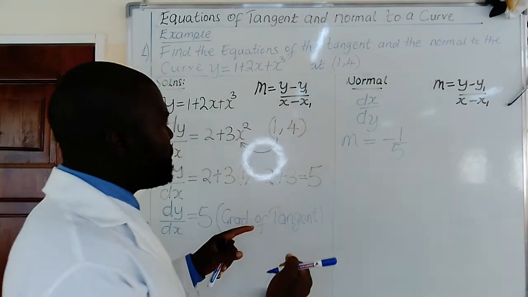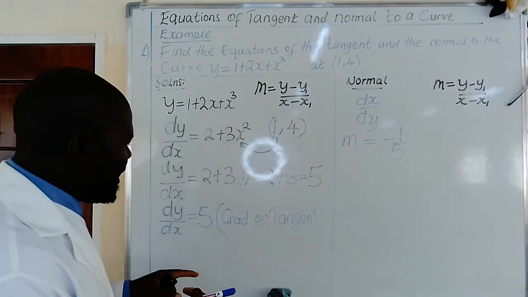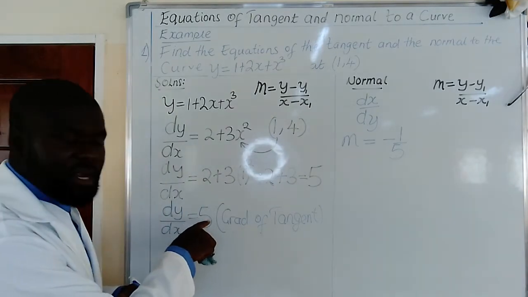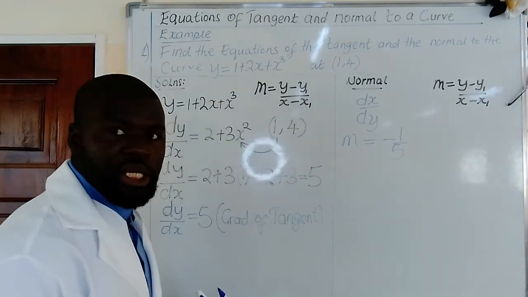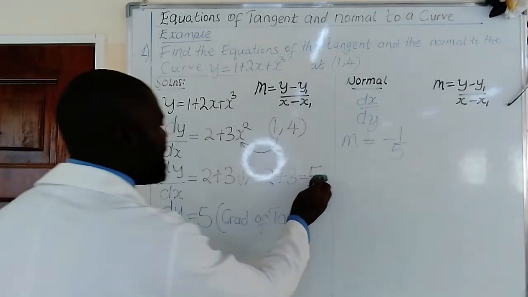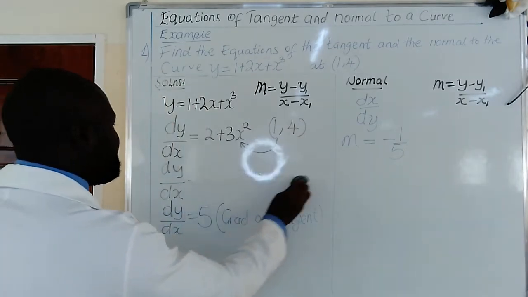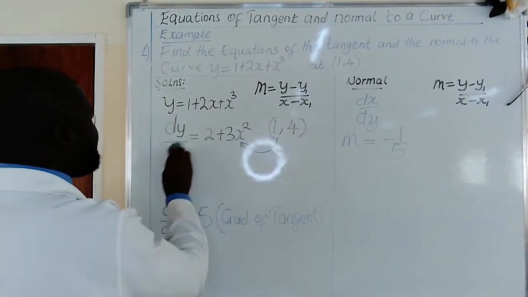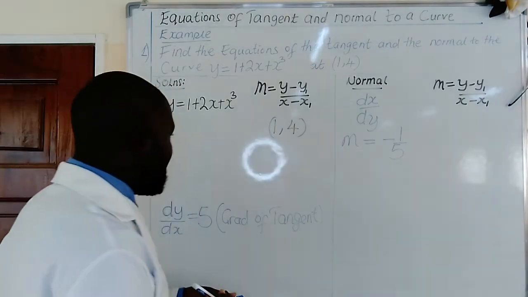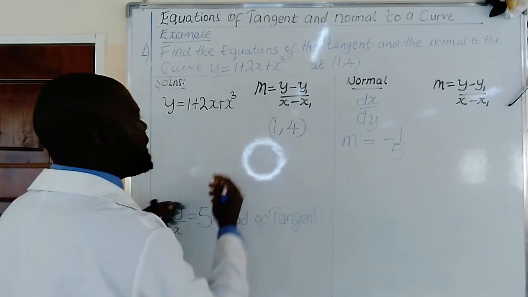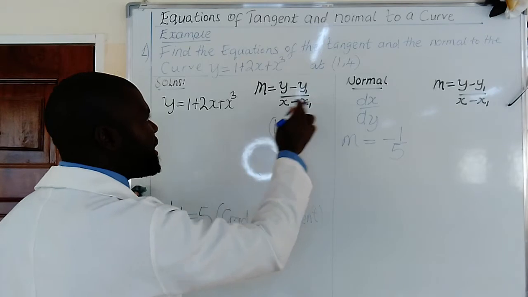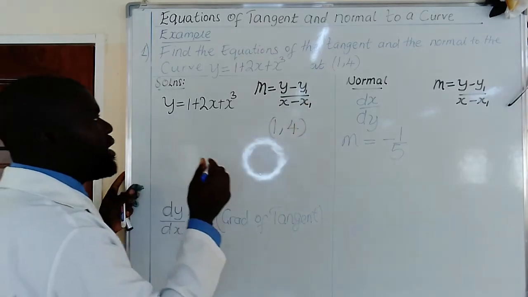Okay, so we have the gradient of the tangent as 5. So let us use this 5 together with this coordinate to find the equation of the tangent. Okay, there we go. So we are using this formula, m is equal to y minus y1 over x minus x1.